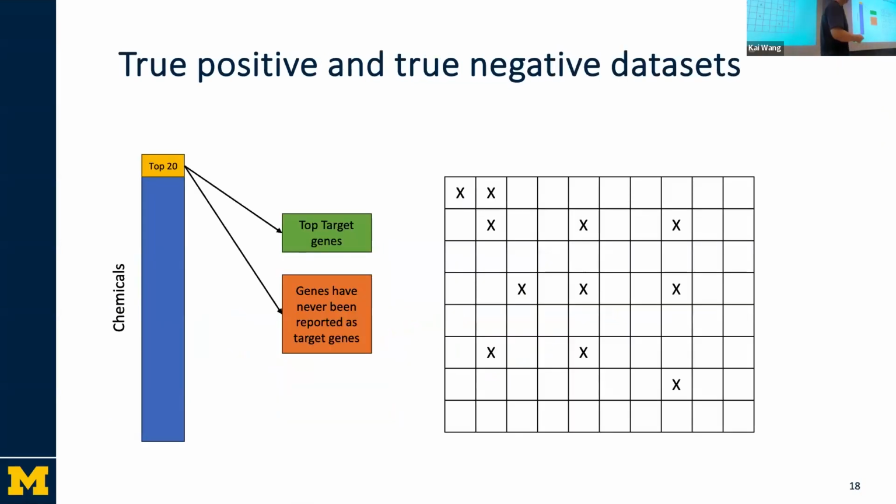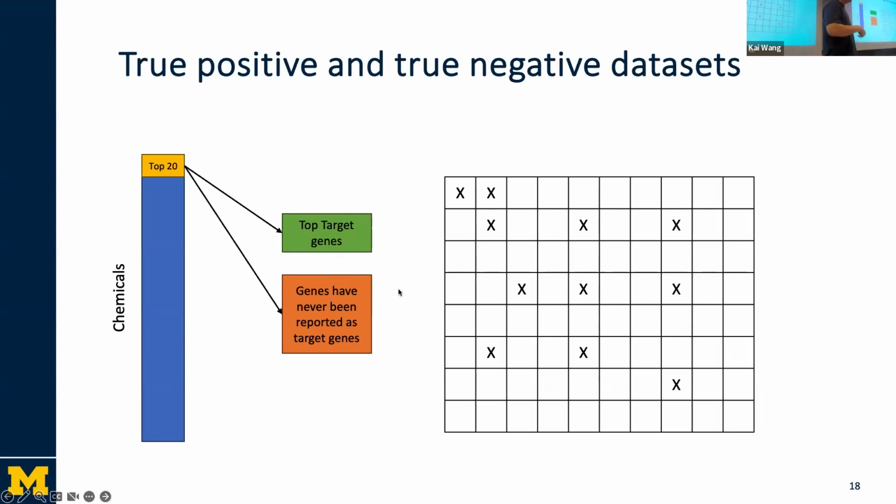To get the true positive and true negative data sets, for the true positives, we chose the top 20 most well-studied environmental chemicals, and then chose the most well-studied target genes of them, and used those as true positives.